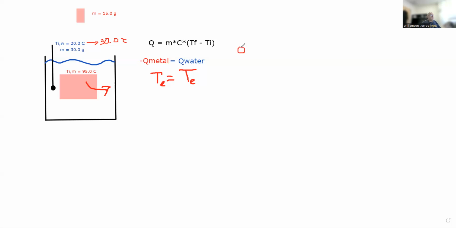Okay. So the heat that the water absorbed from the metal will be equal to the mass of the water, 30 grams, times the heat capacity, 4.184 joules per gram per degree C, times the temperature change, which is 30 degrees C minus 20 degrees C. And I get my calculator out.